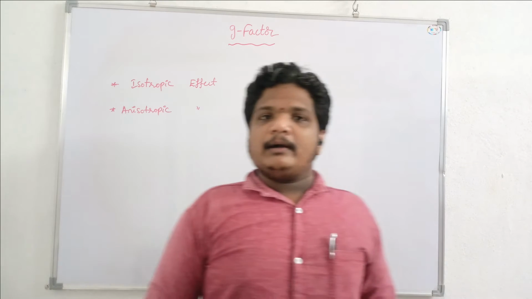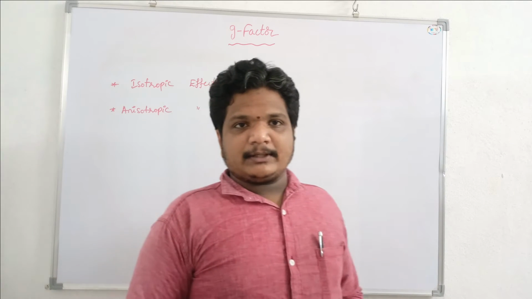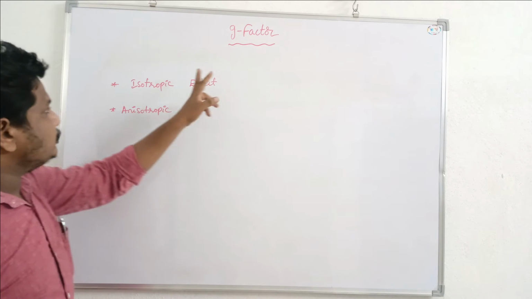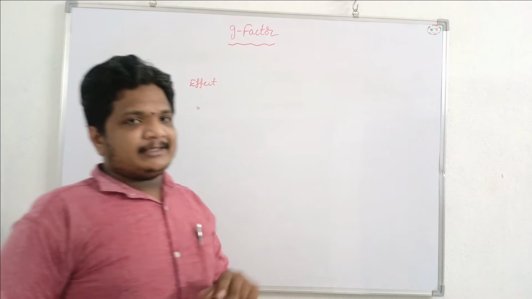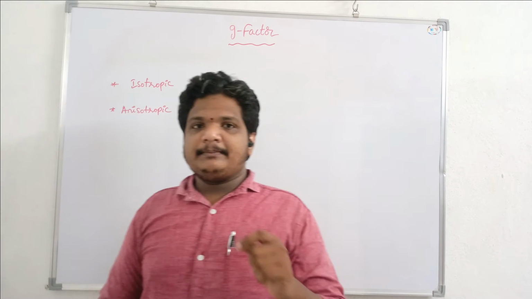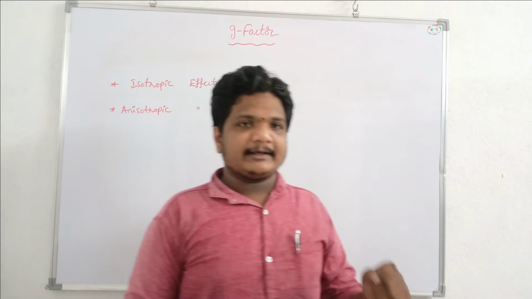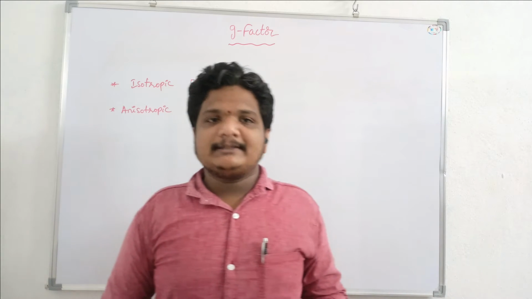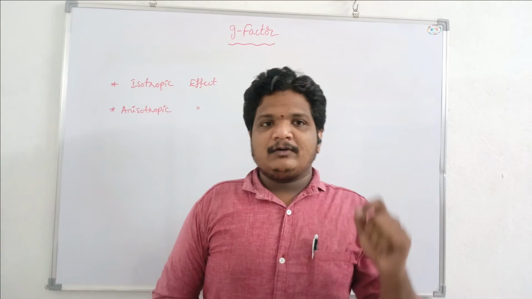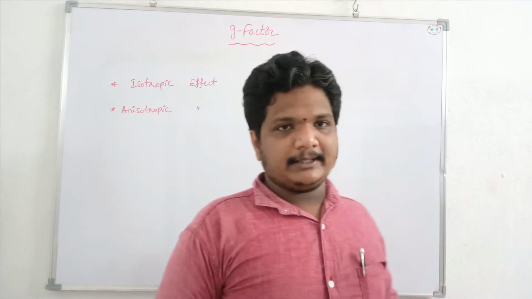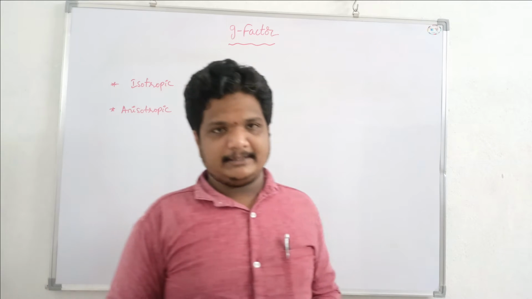In the case of ESR spectroscopy, the value of g depends upon the isotropic effect and anisotropic effect. As we know, the value of g can be affected by some factors. Here the factor is electron density. The value of g is directly proportional to the electron density, and the direction of the electron density.